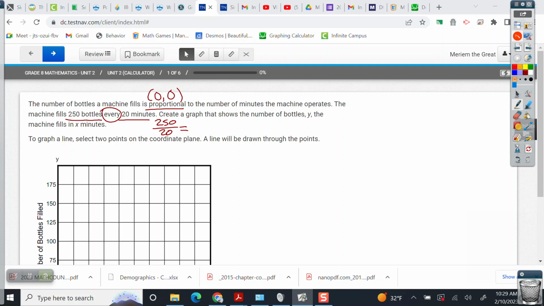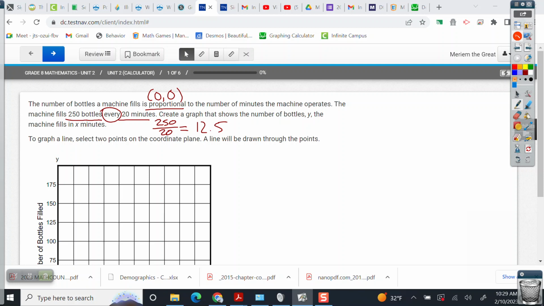To graph a line, select 2 points on the coordinate plane. A line will be drawn through the points for you. That's helpful. Okay, so there are 2 ways I can think of doing this that are pretty efficient. The first is, let's figure out how many bottles the machine can fill in 1 minute, and that would be 250 divided by 20, which equals 12.5.